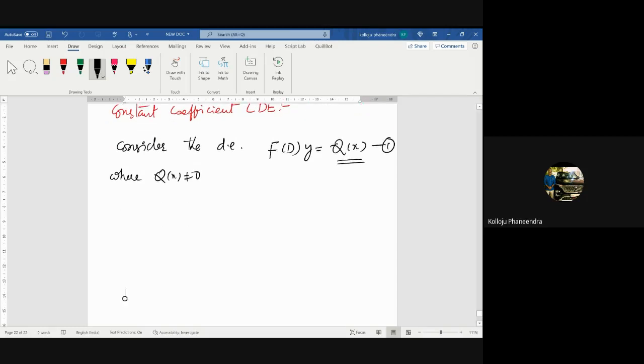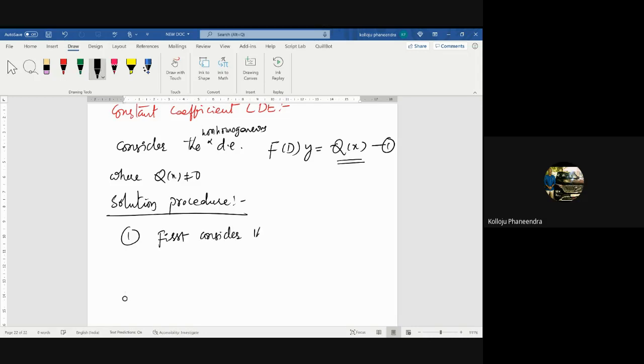Then how to solve this, how to find the solution? Solution procedure. Step 1: first consider the homogeneous differential equation of equation 1. Homogeneous means the right side function is 0, so you take it equal to 0.